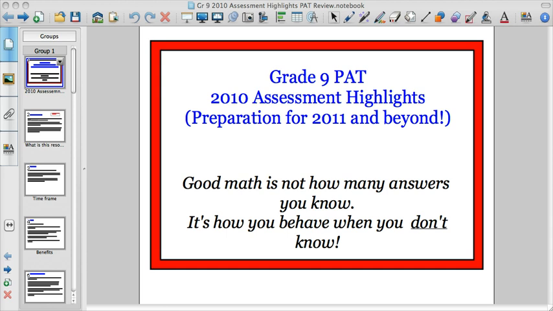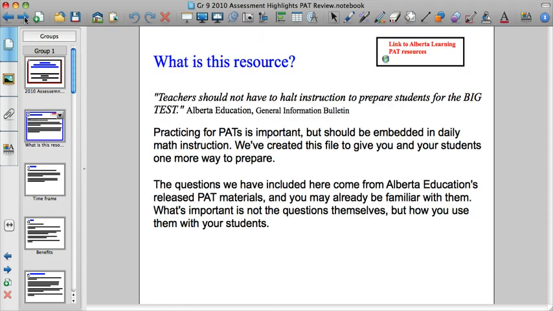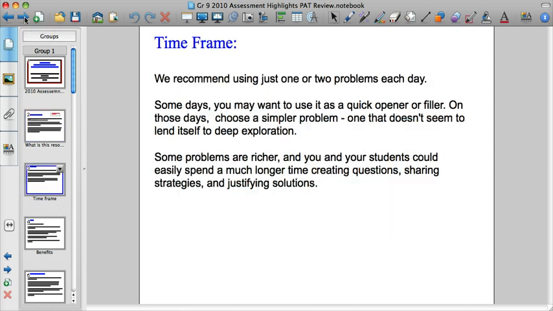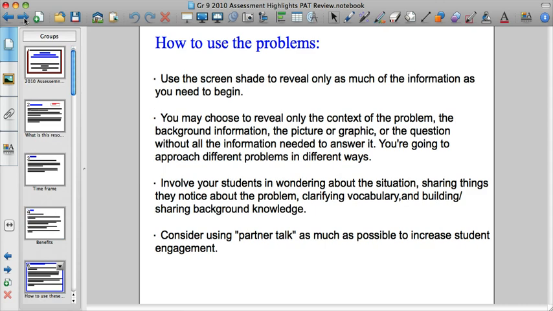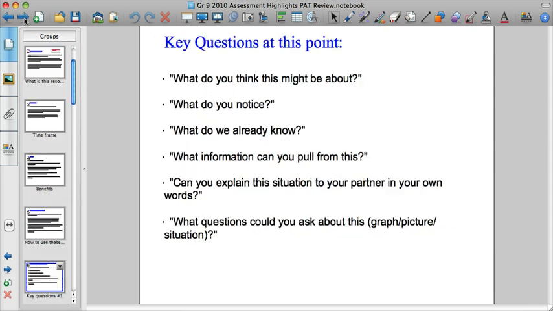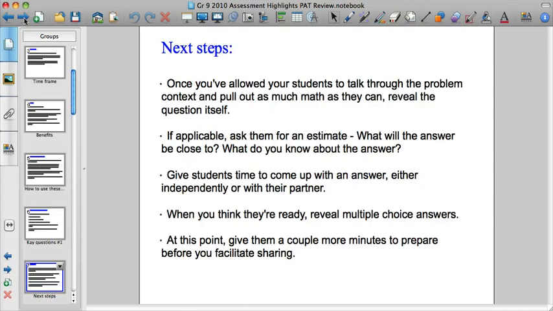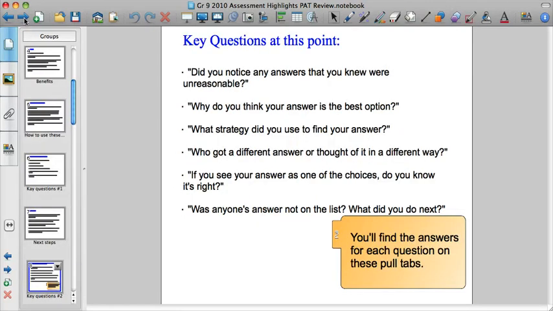At the beginning of this notebook lesson, you'll see the title page, and then a couple pages of notes. I'm not going to read through it. You can have a look at the document that's available on my blog. It covers what this resource is, the time frame, the benefits that we think students will experience, how to use the problems, and suggestions on some key questions at different points in this process, and next steps.